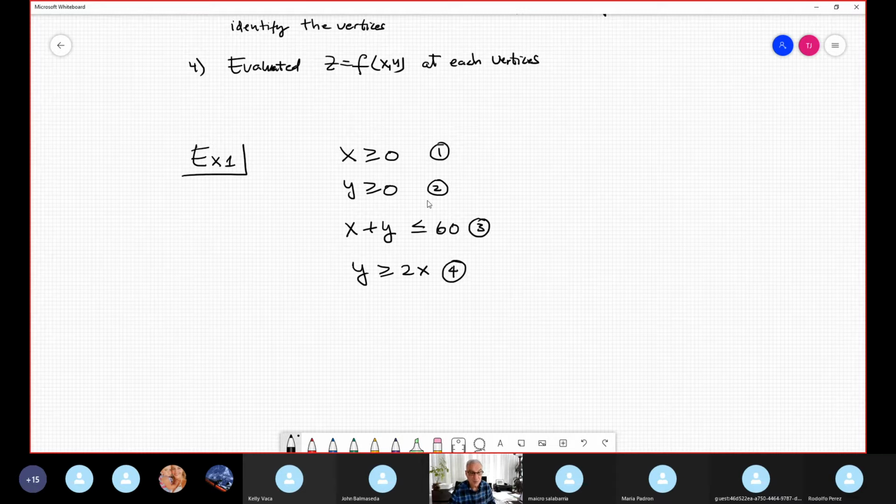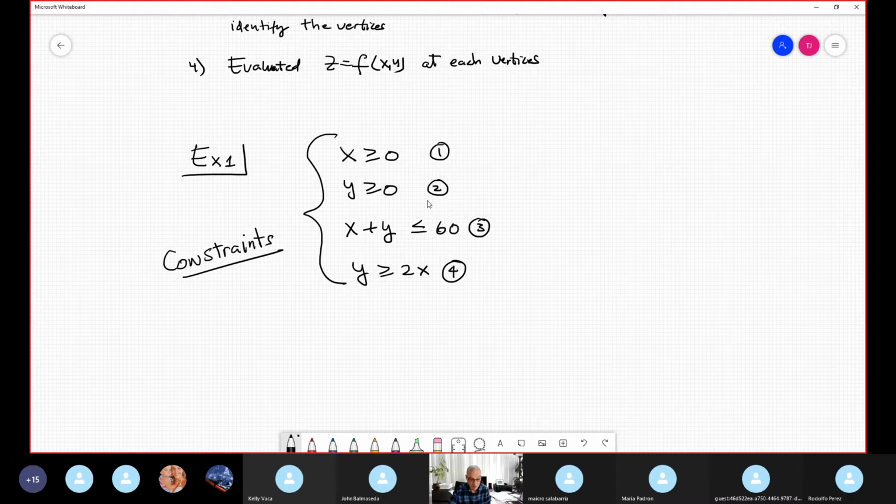Okay, this is the collection of the inequalities that represent the constraints. Constraints are when our problem has physical sense, logical sense.